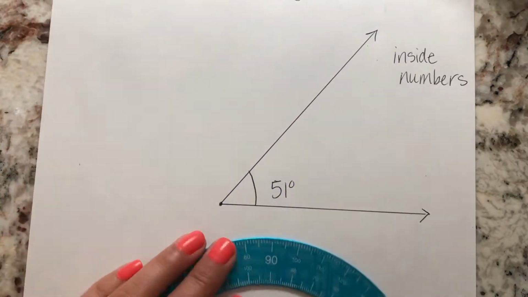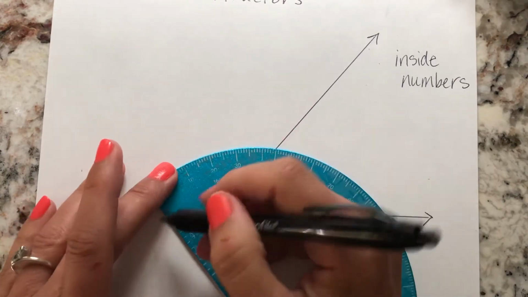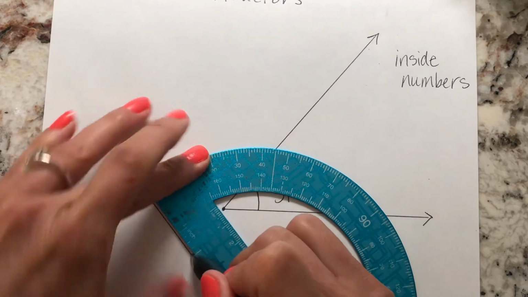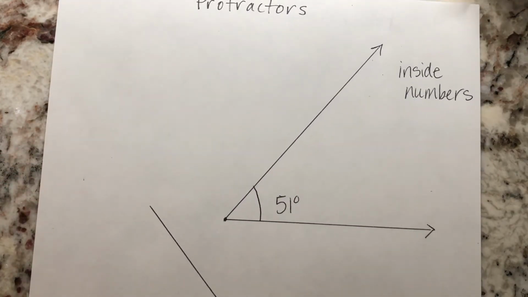Now, if my angle was open to the left, as I'm going to draw an angle here for us to see, let's go right here.